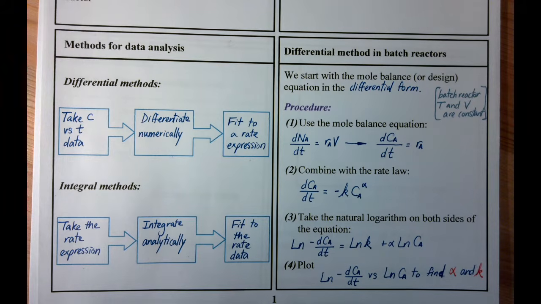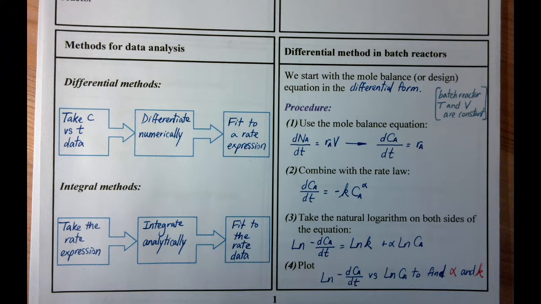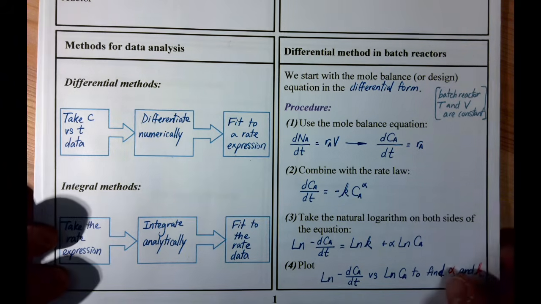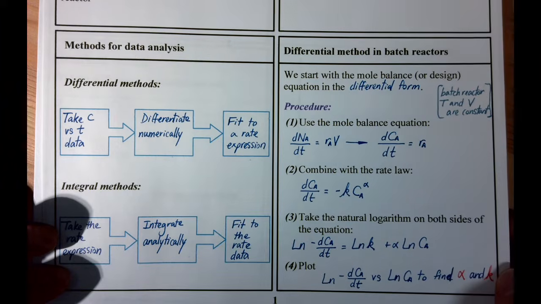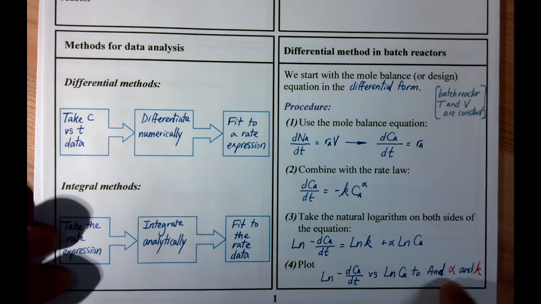Okay, so now I told you that dCA/dt comes from experimental data. So how do we find that value? So let's first look at how we do this graphically.